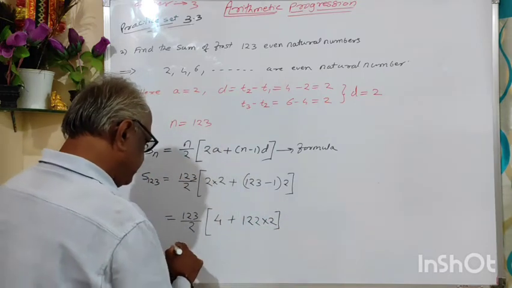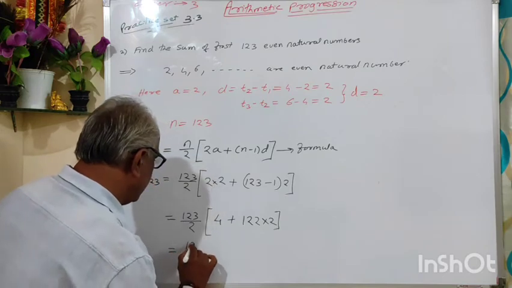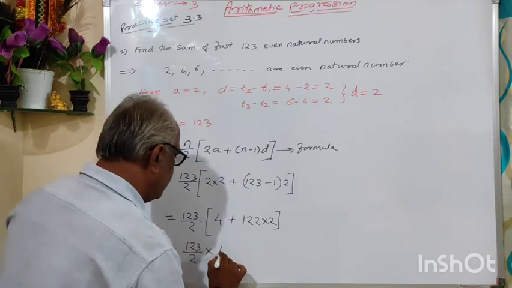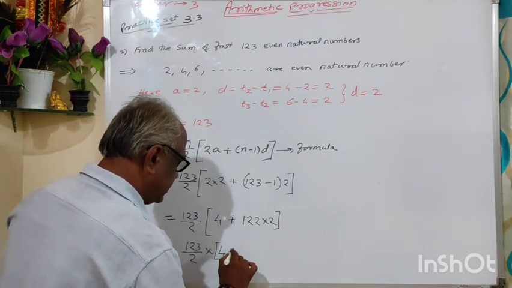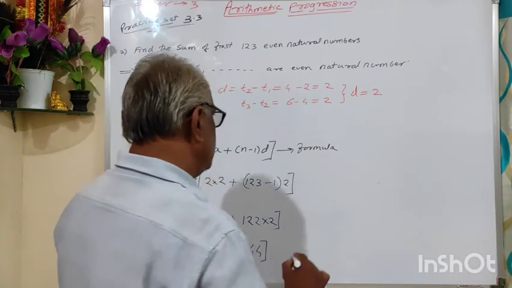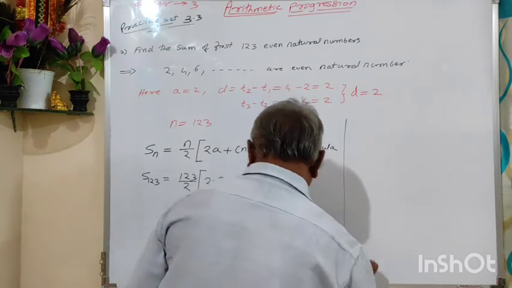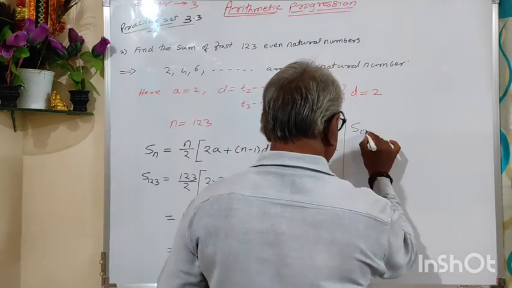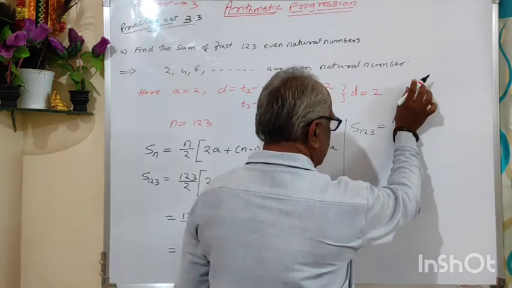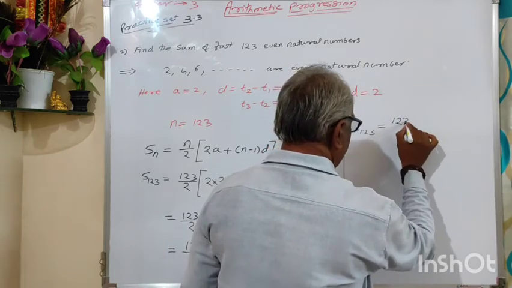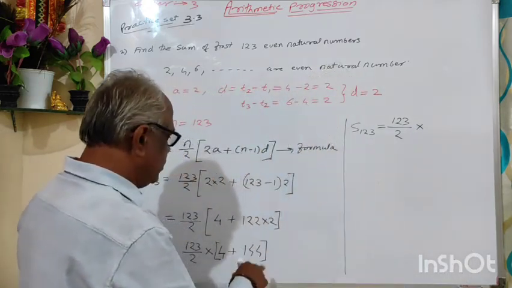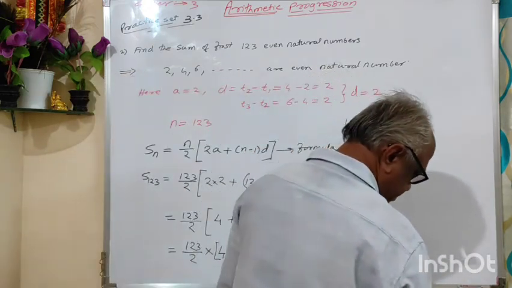If we multiply, we will get 123 upon 2 into 4 plus 244. So here we are going to add that now: S123 is equal to 123 upon 2 into 4 plus 244, that is 248.